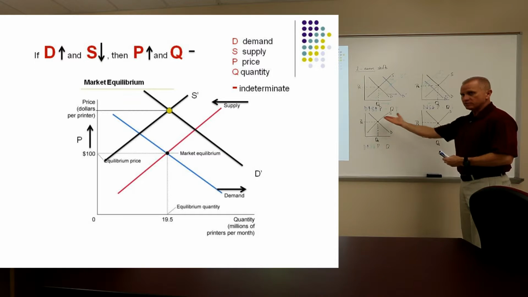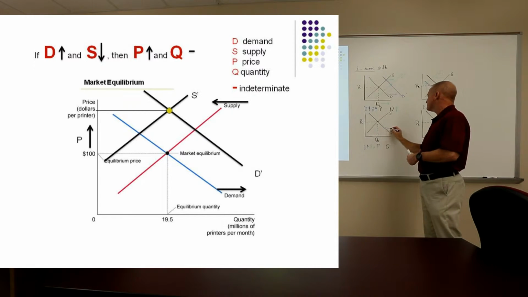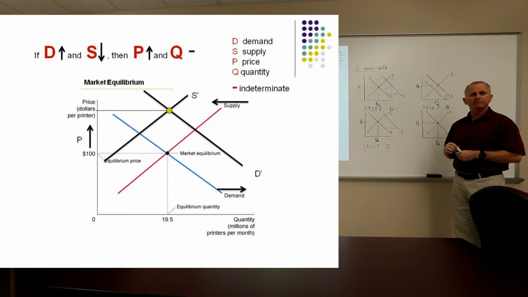Well, again, the original price and quantity is here. If demand increased, and let's just say in real estate, people were buying homes like crazy in the mid-2000s, but the supply wasn't able to keep up.